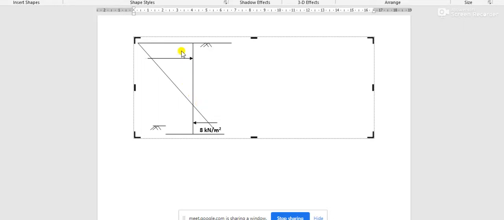Both the shapes are triangles, and the acting point of this force and this force is at the CG of the triangle.